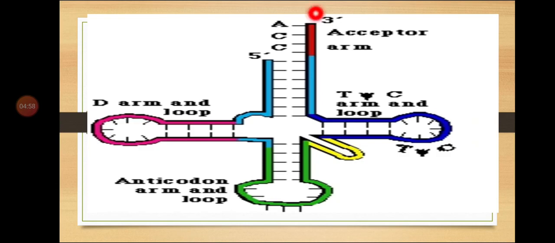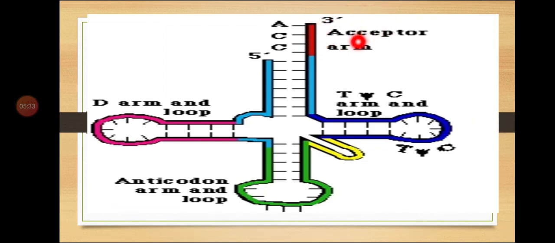It also shows the amino acid acceptor end at the 3' end, having unpaired CCA bases. Okay, it has unpaired CCA bases at the 3' end, and this end is known as the acceptor end. This end accepts the amino acid, that is, the amino acid binding site, to which amino acids bind.